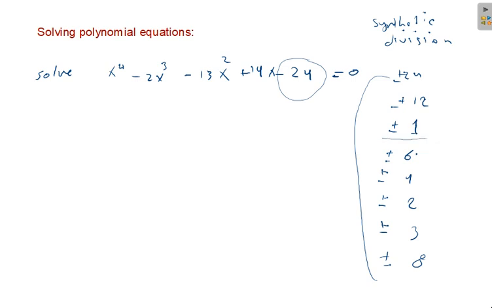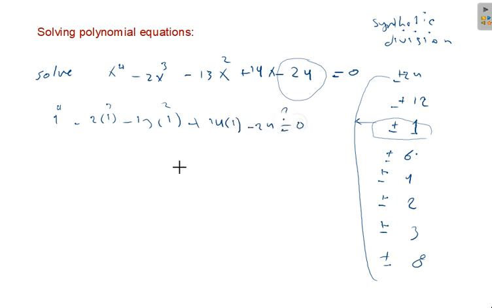First, we will start with the simplest one, let's take 1, for example. How do we make sure that 1 is a root of this equation? Just substitute 1 in this equation: 1 to the power 4 minus 2 times 1 to the power 3, minus 13 times 1 squared, plus 14 multiplied by 1, minus 24.